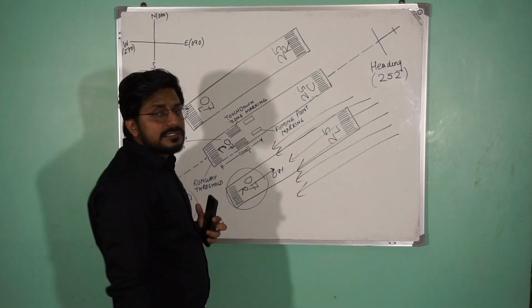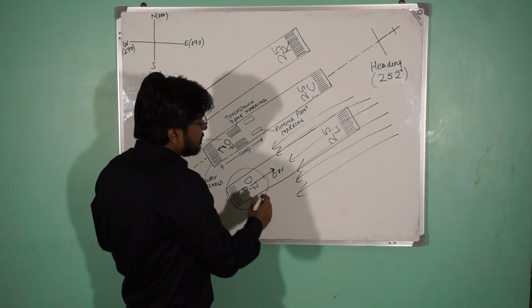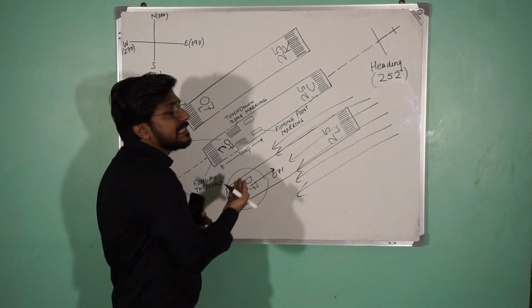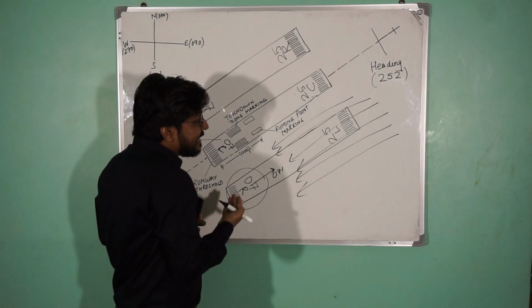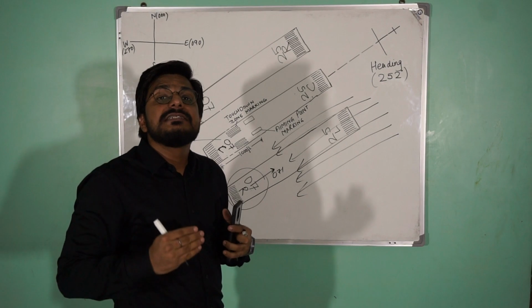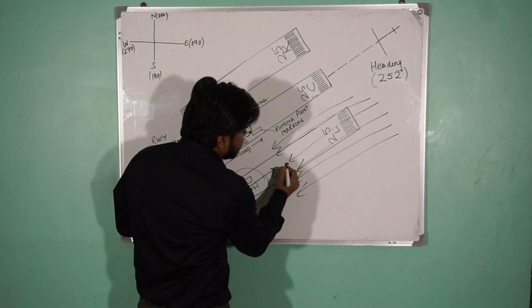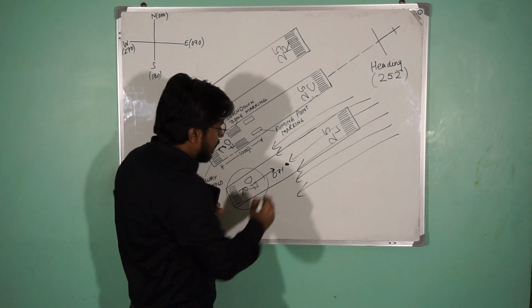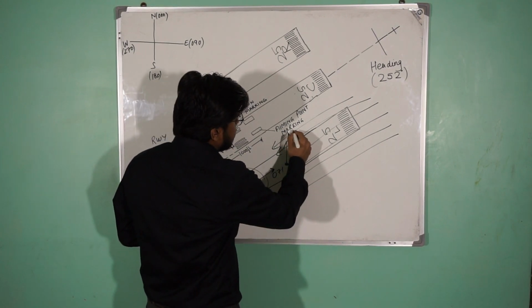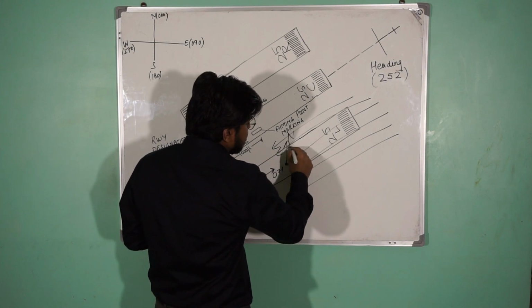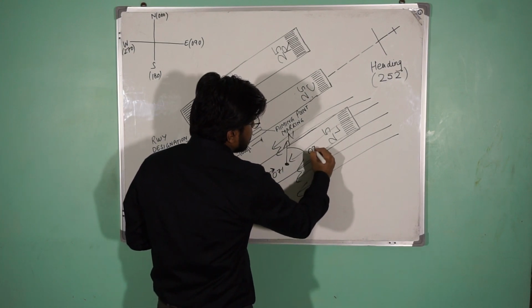The wind direction doesn't depend on the direction towards which it is moving. Wind direction depends upon the direction from which it is coming. So if this is the observer and north is at this side, from which direction is it coming? It is coming from 071.